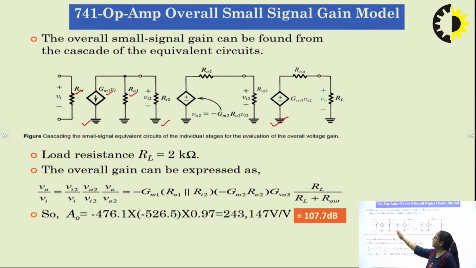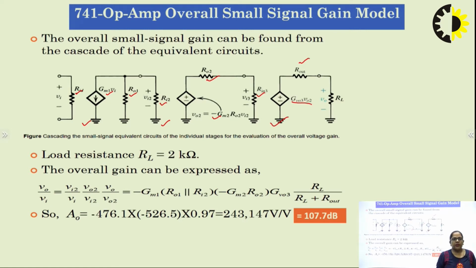It is cascaded with the second stage, which is also known as the gain stage. This is the input resistance of the second stage, transconductance of the second stage, the output resistance of the second stage. Then further, it is cascaded with the output stage. Here we have the input resistance of the output stage, output resistance of the output stage, and its transconductance value.